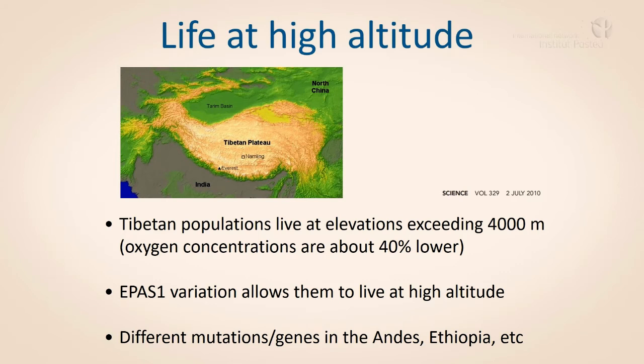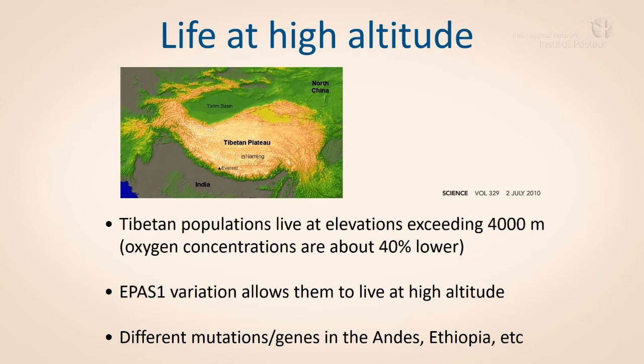Another nice example of genetic adaptation at a microscale level is adaptation to life at high altitude. An example is Tibetan populations that live at elevations of around 4,000 meters, where oxygen levels are much reduced.